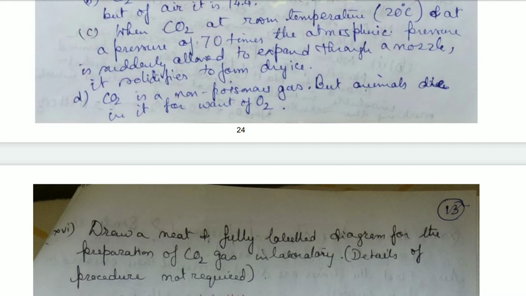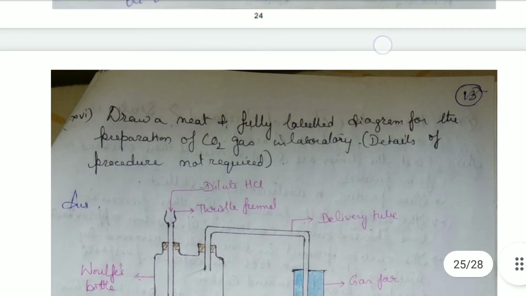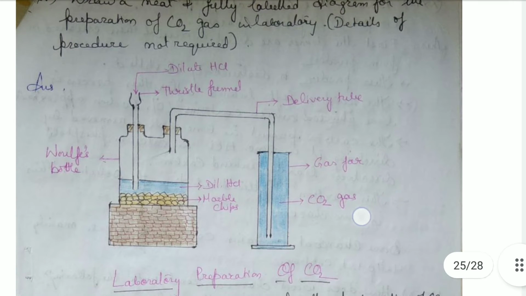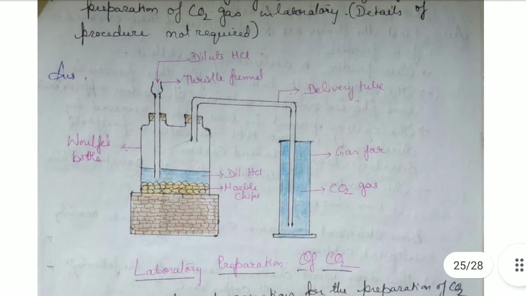Then we come to: draw a neat and fully labeled diagram for the preparation of carbon dioxide gas in the laboratory. Details of the procedure are not required. This is the laboratory preparation diagram. A Wolf's bottle is taken, which has two mouths.